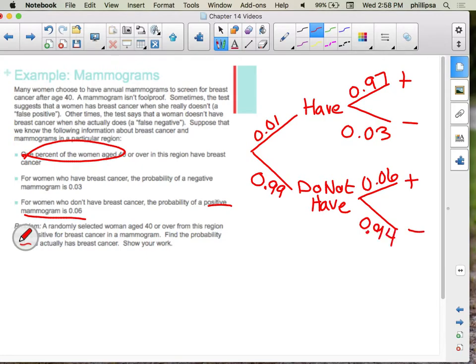Okay. So now we need to find the probability that she actually has breast cancer. Test positive that she actually has breast cancer. Okay, so we're looking for the probability that she has breast cancer, given that it was a positive mammogram.